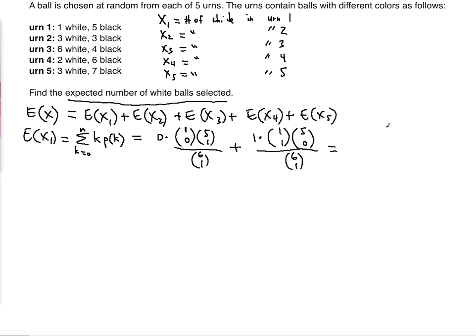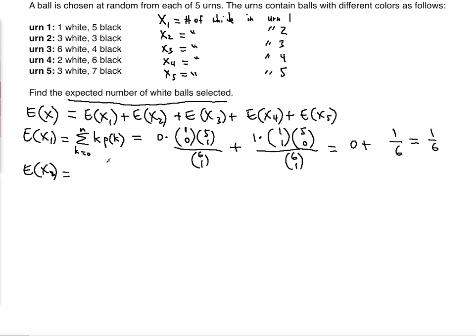And that is equal to 0 plus 1 over 6, because 6 choose 1 is 6, 1 choose 1 is 1, 5 choose 0 is 1, and 1 multiplied by 1 is 1. So it's 1/6.